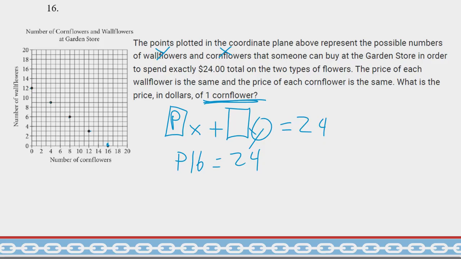Right, so P times 16 equals 24 because this combination in the graph is for cornflowers and wallflowers totaling $24. Right, so we're used to seeing it like this, and I know I have to divide away that 16. So I would use my calculator for this. I would do 24 divided by 16 and get 1.5 for my price. So the price of each cornflower is $1.50.